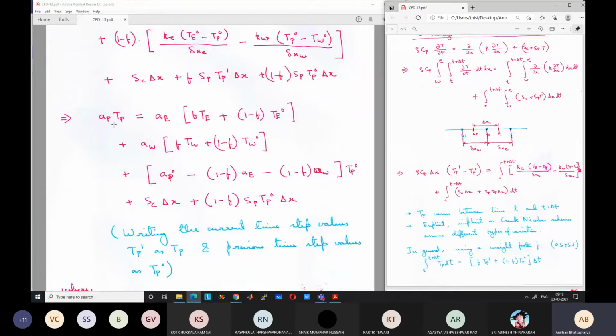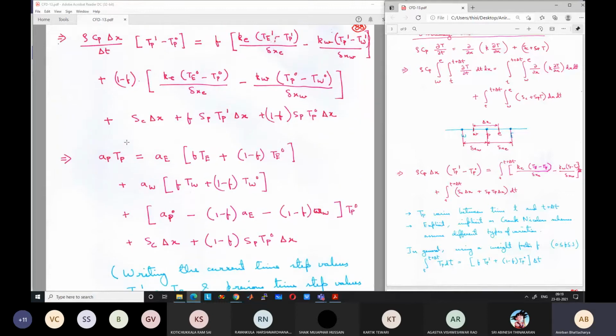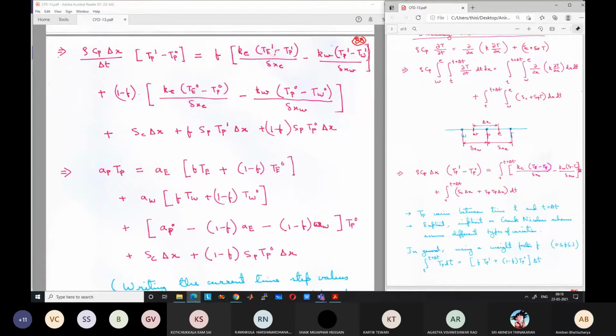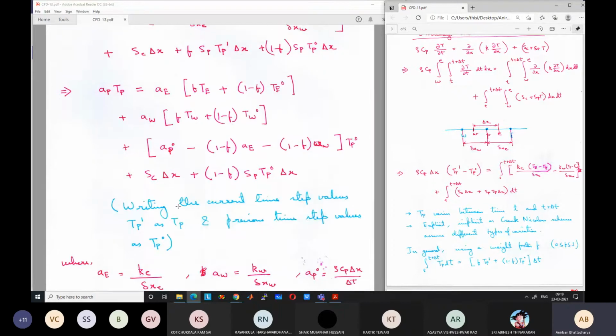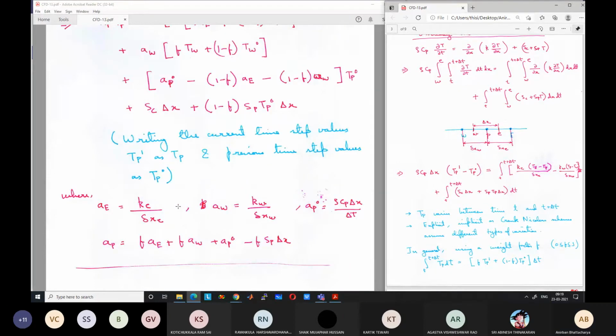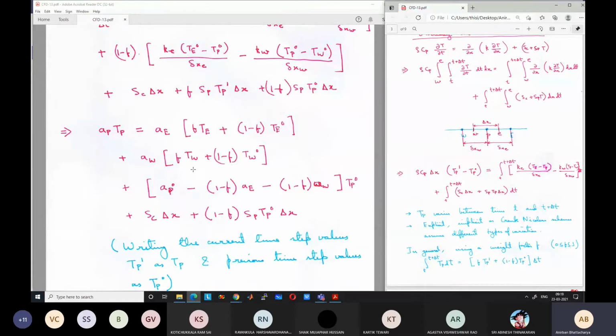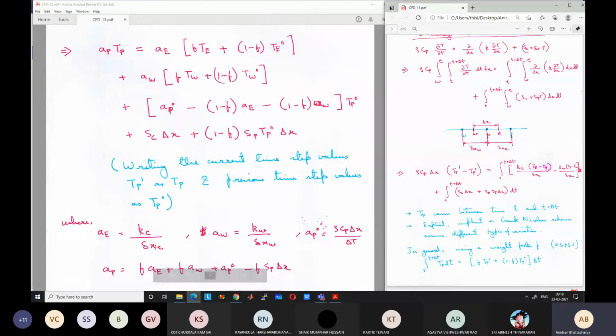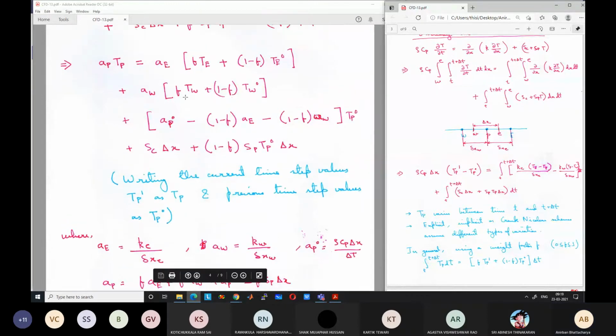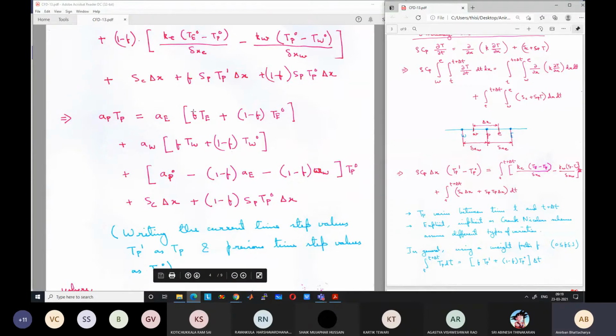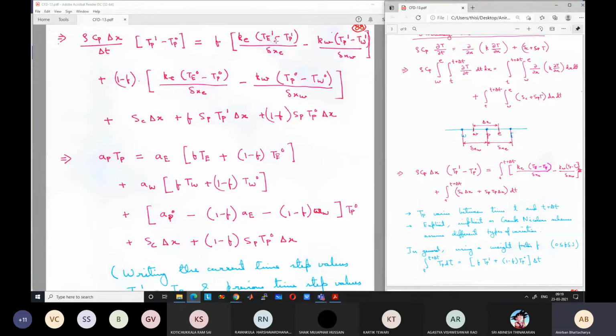if you accumulate all the terms together, you will have ApTp. So we'll come to what Ap is. ApTp is equal to AeTe, where Ae you can take as Ke by delta xe. We have two terms, right? One is f into T1 and one term is 1 minus f into T0, for Ke by delta xe.